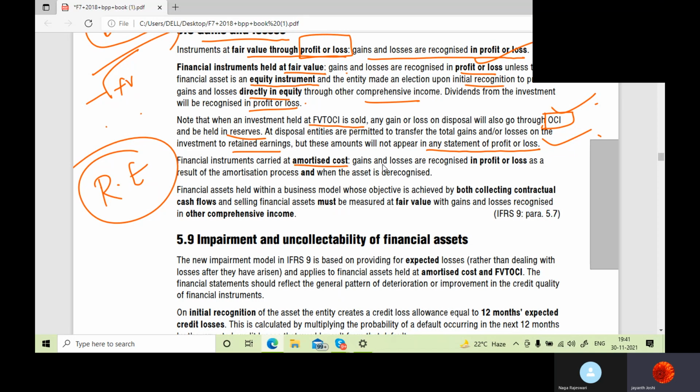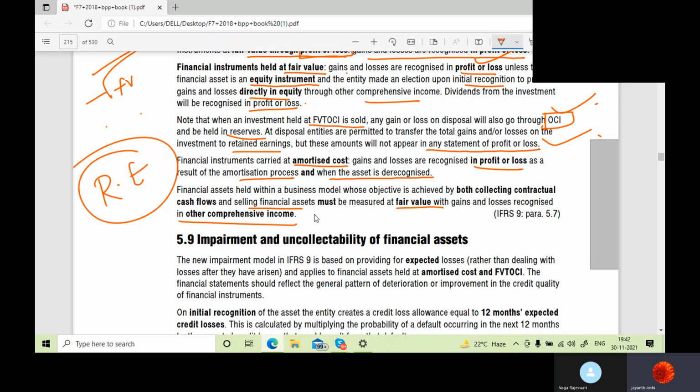For a financial instrument carried at amortized cost, gains and losses are recognized in P&L as a result of the amortization process, and when the asset is derecognized. That means you will be selling it, then you will be derecognizing. So gains and losses in P&L only, because the expense is also shown in the P&L only. Now, financial assets held within a business model whose objective is achieved by both collecting contractual cash flows and selling financial assets must be measured at fair value with gains and losses recognized in OCI.